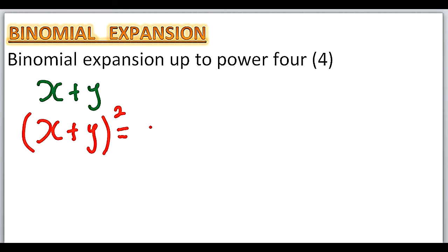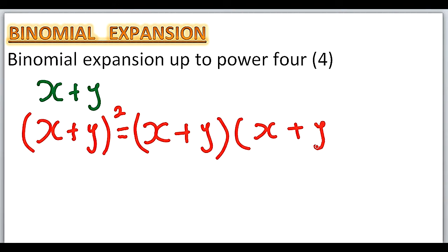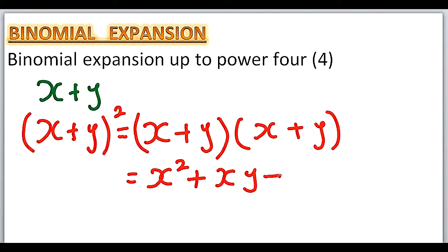We can expand this and say this is (x plus y) times (x plus y). So we multiply x multiplied by x, we will get x squared. x multiplied by y, we will have plus xy. Then y multiplied by x, we will get xy.